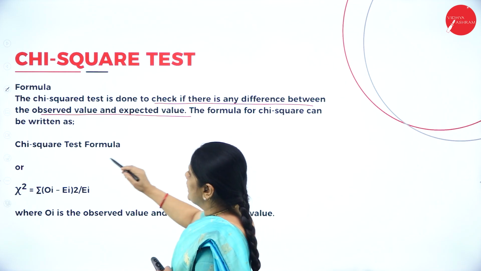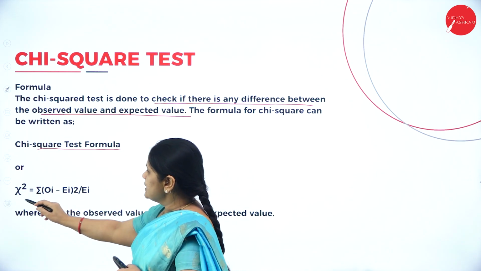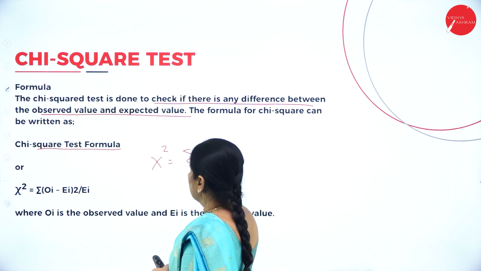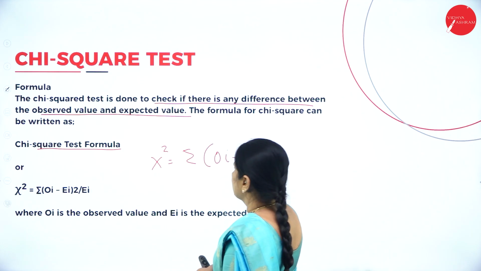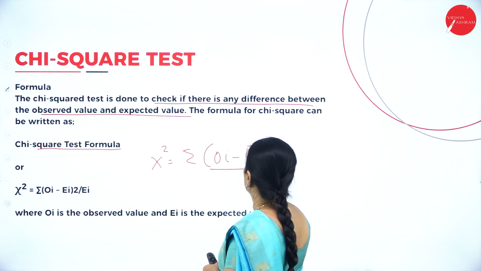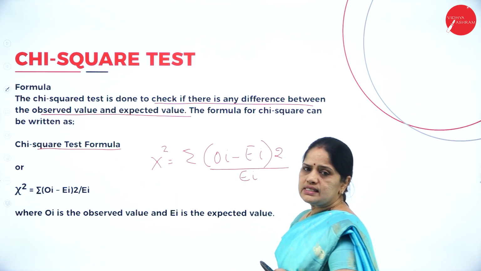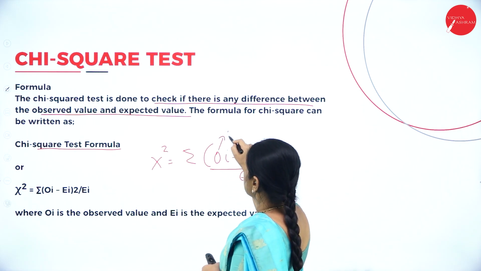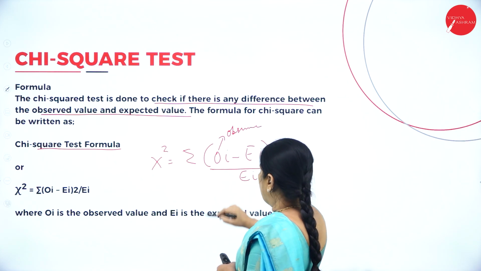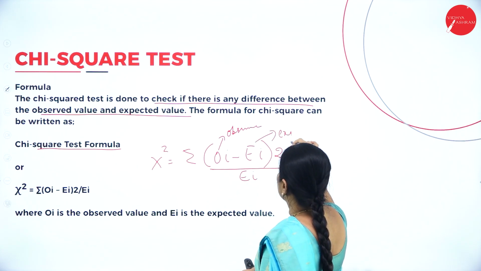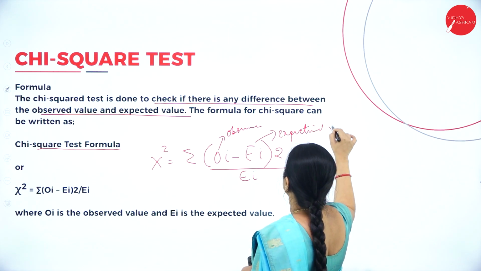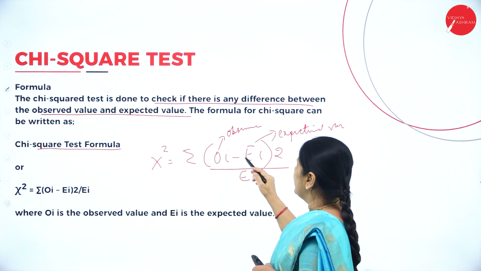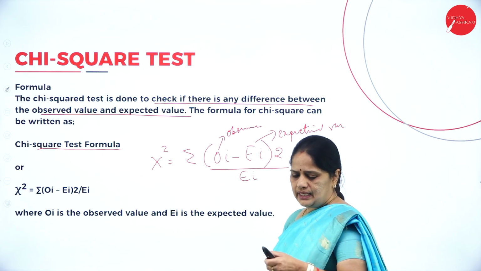The chi-square test formula can be written as: chi-square equals sigma (Oi minus Ei) squared divided by Ei, where Oi is the observed value and Ei is the expected value. So this is the formula for the chi-square test.